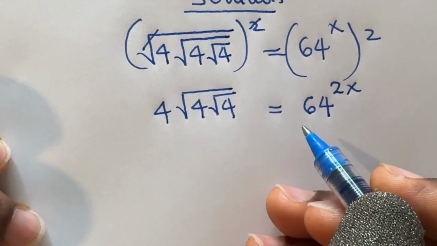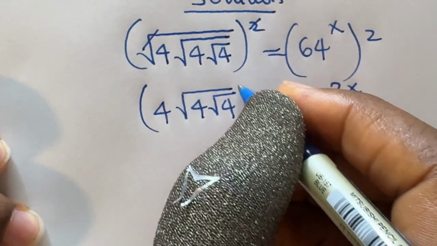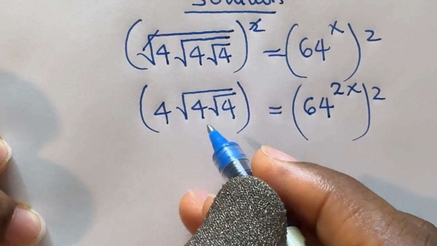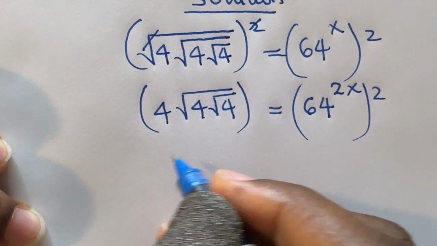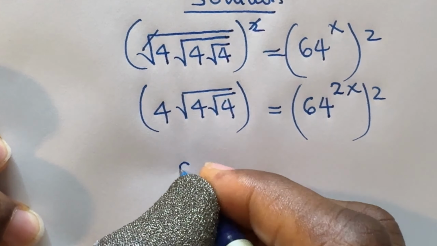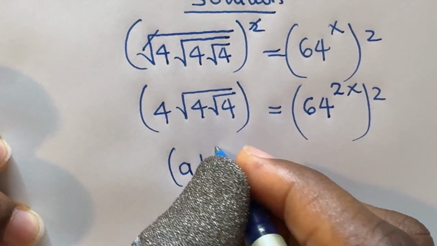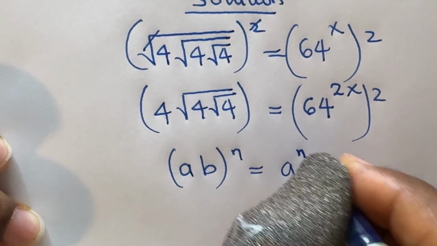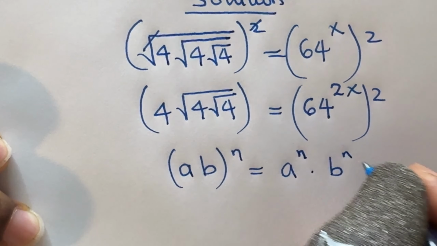I can square both sides again. Here, I'm going to use this law of indices: (ab) raised to power n is equal to a raised to power n times b raised to power n.